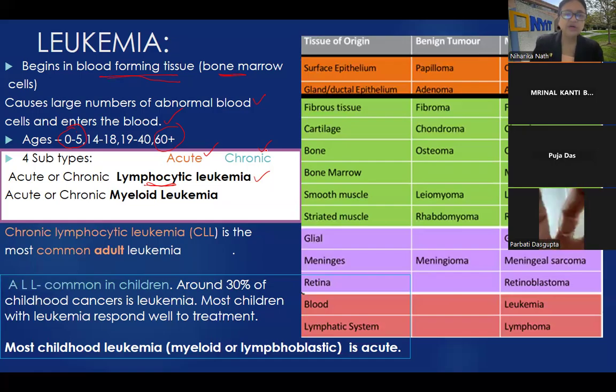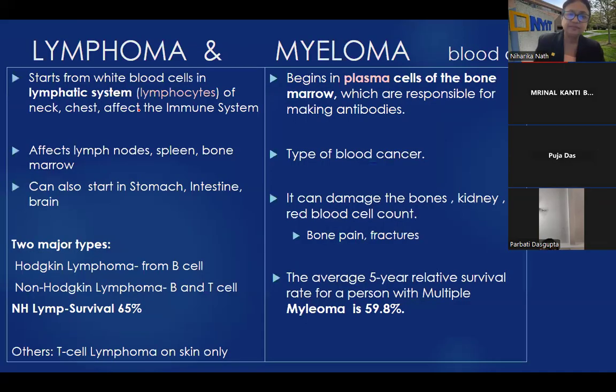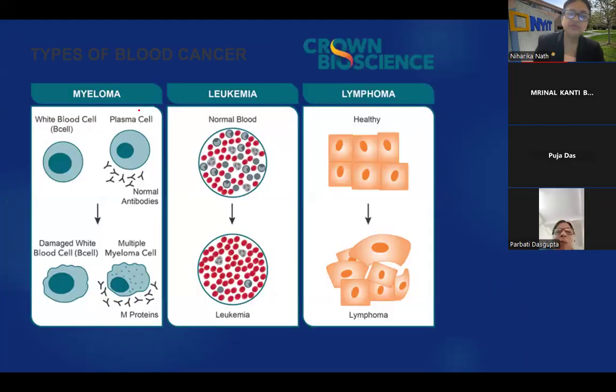The other one is myeloid leukemia. It's also a blood cancer, but it is from the myeloid tissues. These are other cells that are also in the bone marrow, but they make your white blood cells.